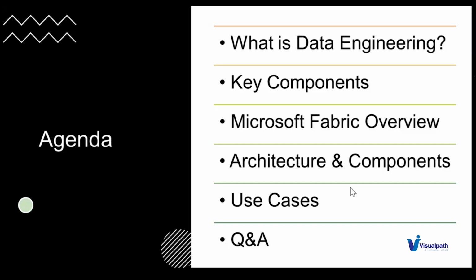Whenever you are trying to create a Word file on your laptop, what do you have to do? You have to have a laptop first. That is called your infrastructure. You have to have Microsoft Office installed on your machine, and then you will go to the Microsoft Word app, create the file and save it. So before that, two infrastructure related steps come into the picture. One is having a laptop with all the necessary configuration, and second is the installation of Microsoft Office.